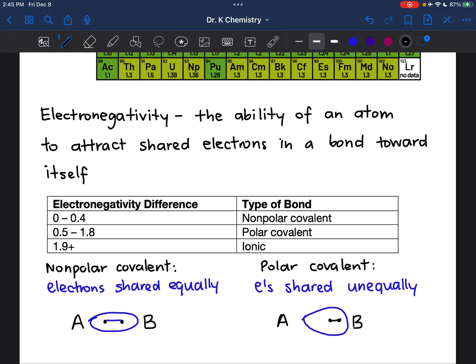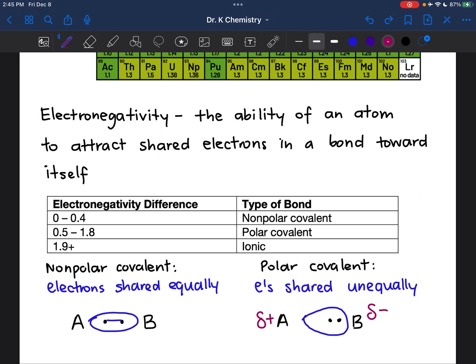And these electrons are going to be much closer to B than they would be to A. Because of that, B is going to have a partial negative charge and A will have a partial positive charge. This means that there's more electron density around B. And since electrons are negative, this is a partial negative charge. Partial because they're still sharing electrons. B didn't completely take them, but it's pulling those shared electrons toward itself.